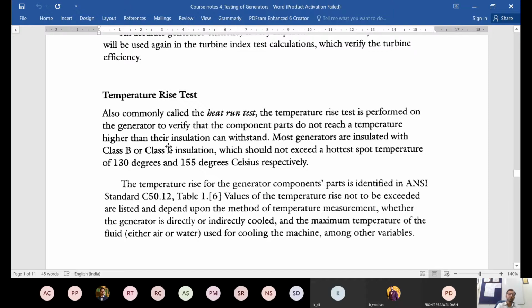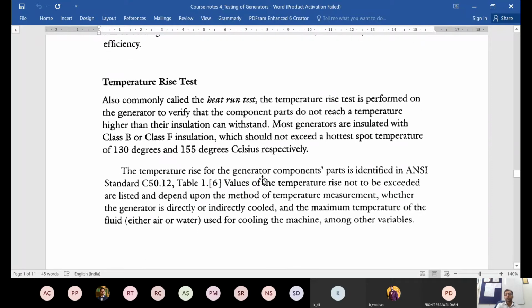Usually class B and class F are the more common ones in between. For these, as it says here, the maximum hotspot temperature is 130 degrees Celsius and 155 degrees Celsius respectively. So this temperature rise test monitors how much the temperature rises in these different components, the windings and insulation specifically.